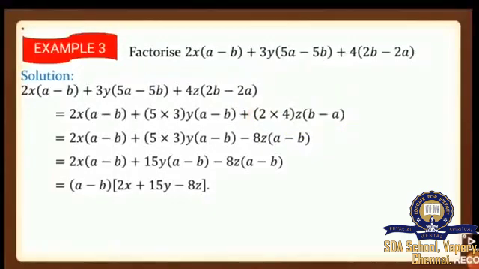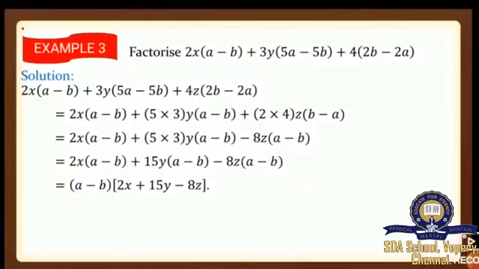Now if you observe, you have a minus b in the first term. In the second term also you have a minus b. But in the third term we have b minus a. So in order to get a minus b, we will take the minus sign commonly outside. If you take the minus sign commonly outside, you will get a minus b. Now if you solve and write, you will get 2x into a minus b plus 15y into a minus b minus 8z into a minus b.